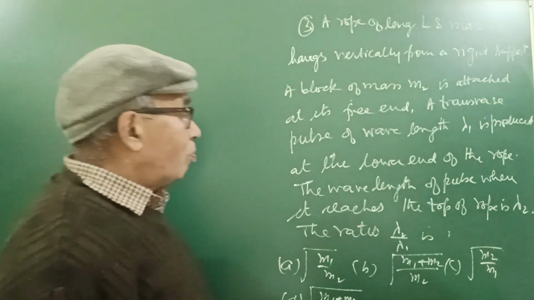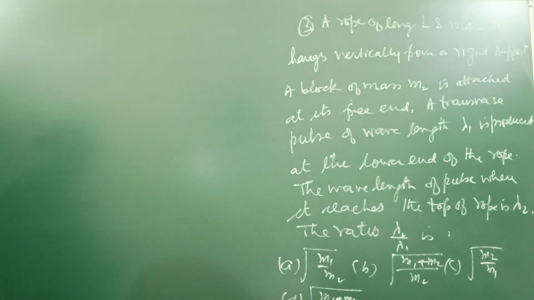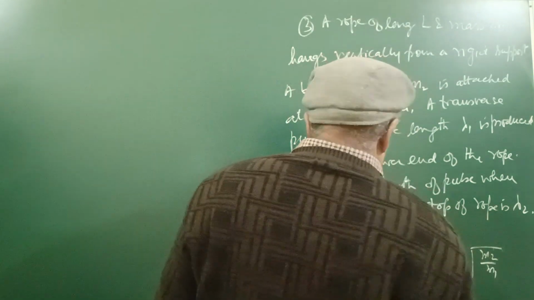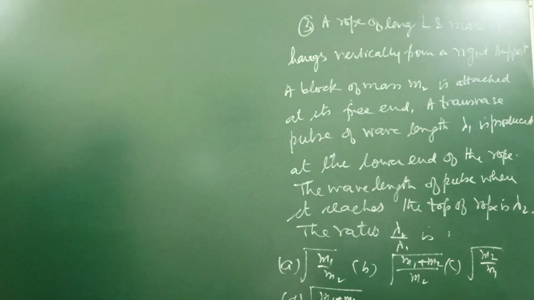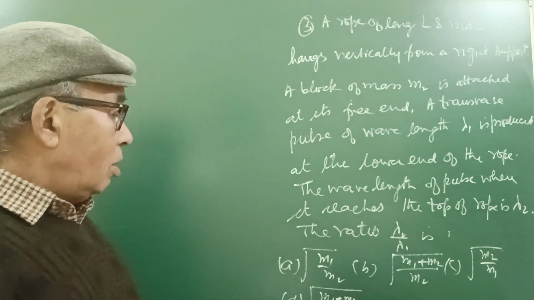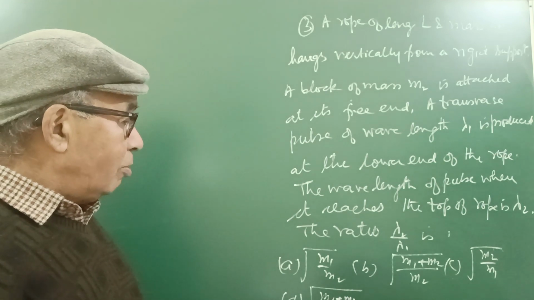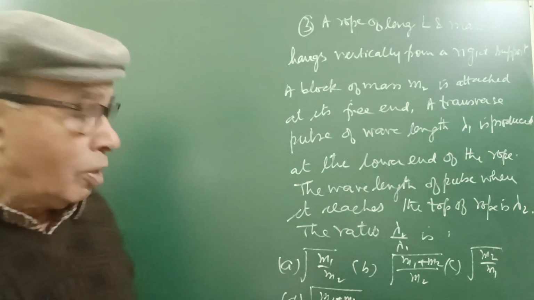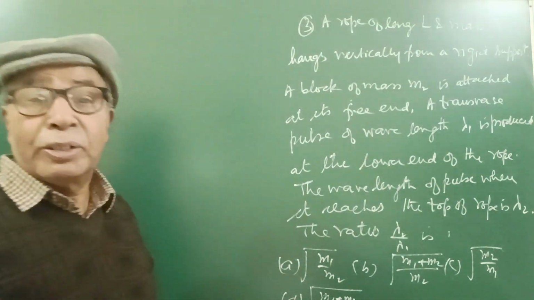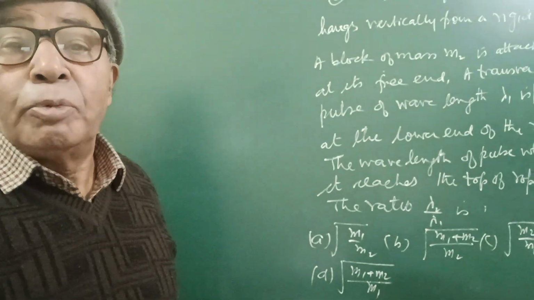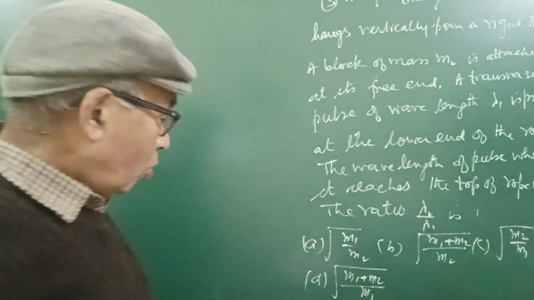The wavelength of the pulse when it reaches the top of the rope is lambda 2. The ratio lambda 2 upon lambda 1 is: A, under root m1 upon m2; B, under root m1 plus m2 upon m2; C, under root m2 upon m1; D, m1 plus m2 upon m1.